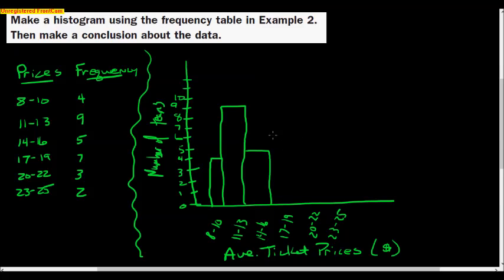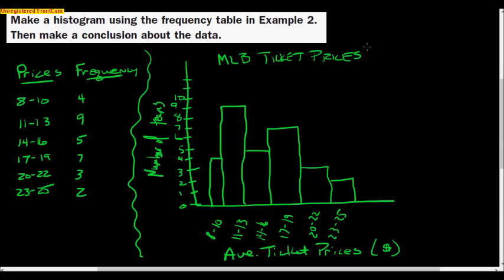Okay. And 17 to 19, I have to go up to 7. So I'm going to go straight across. And then we get on to 3. So that goes down to here. And, oh, that was really bad. Okay. And then 2 was right there. Okay. And there's my histogram. Make sure you put a title up here. Major League Baseball ticket prices. Okay. And you're done.